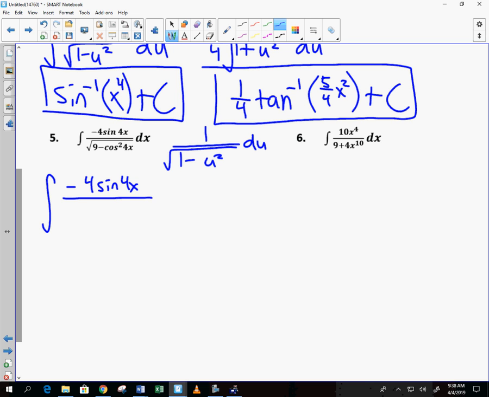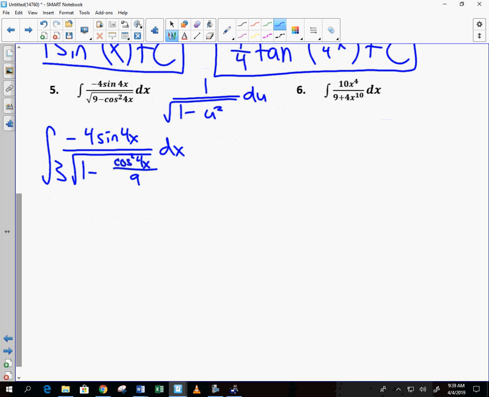So I have a 3 root of 4x over 9. Need to write my perfect square. What is it that we're squaring? Cosine of 4x over 3.